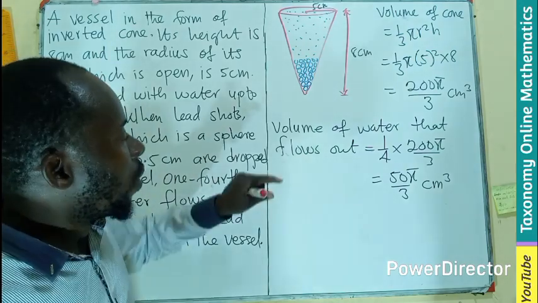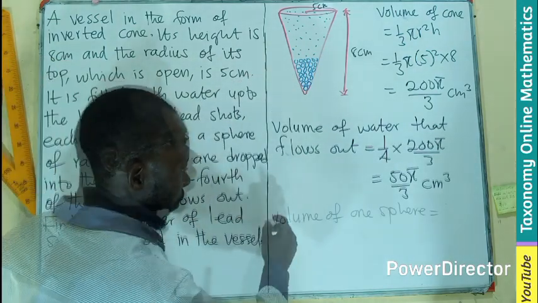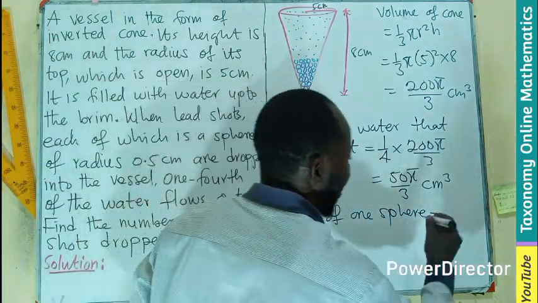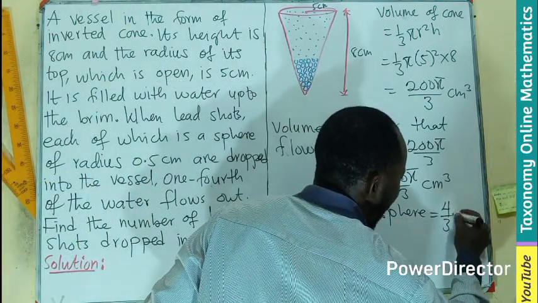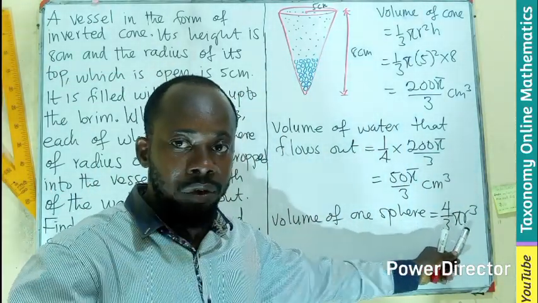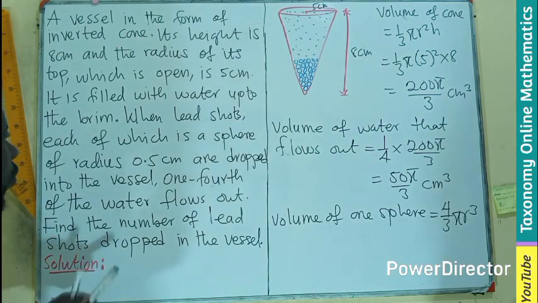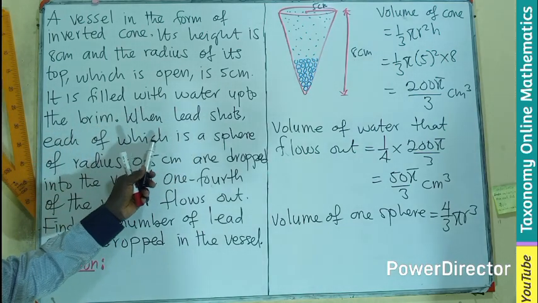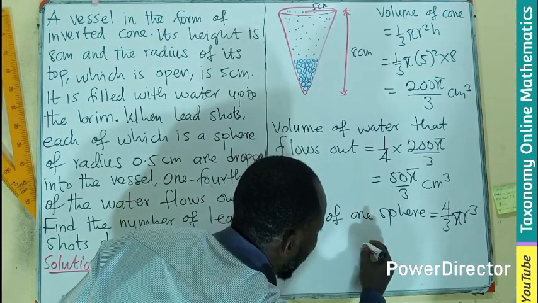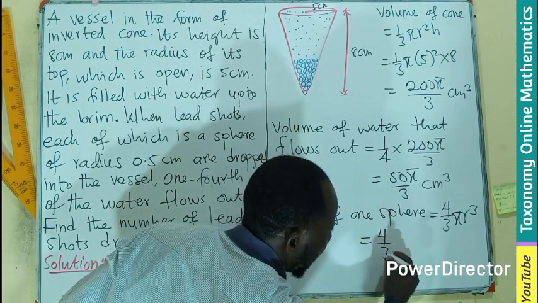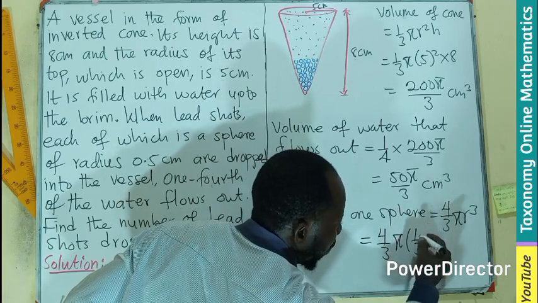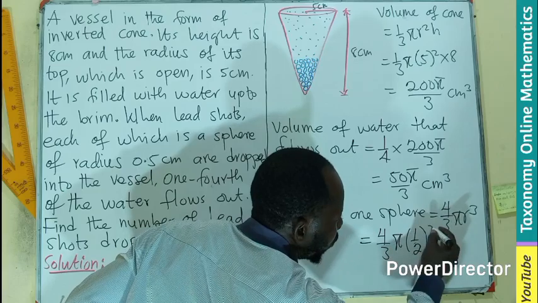So now we need to know the volume of one sphere, just one, so that we can tell how many there are. The volume of a sphere is 4/3 pi r to the power 3. This r is the radius of the sphere, which we have been told is 0.5, that is half. So that means 4/3 times pi times (1/2) to the power 3.